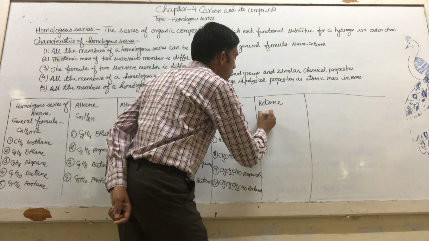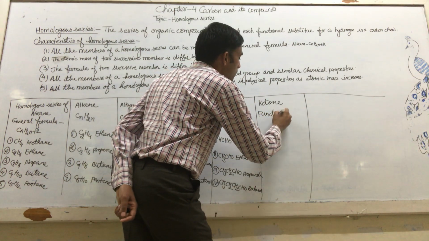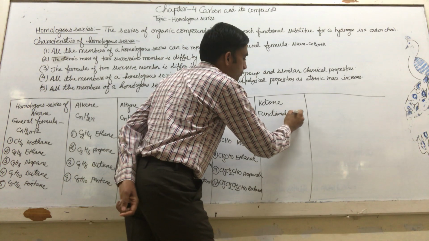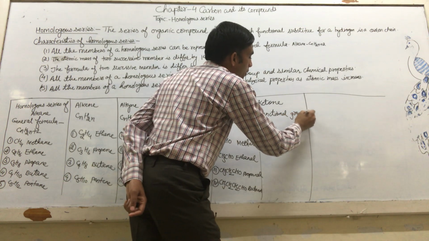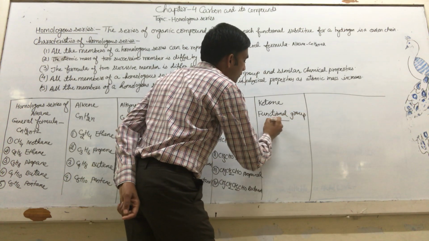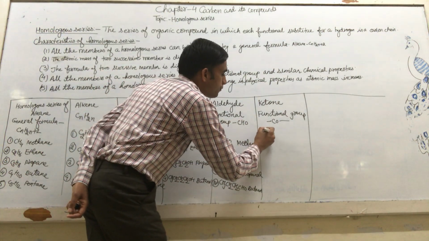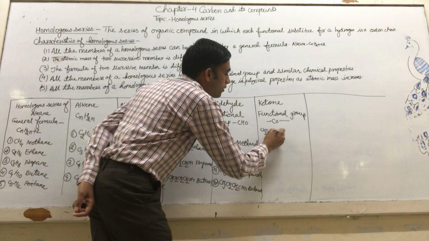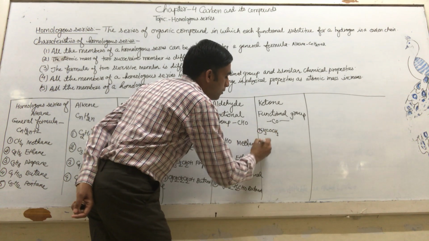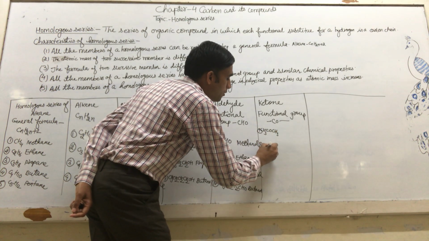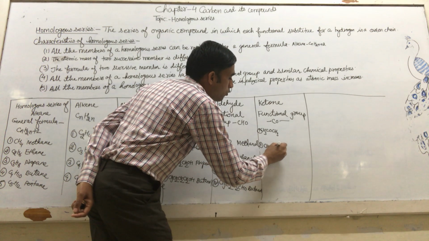Next is ketone. The functional group of the ketone is CO. So the first member is CH3COCH3. The second member is CH3CH2COCH3.